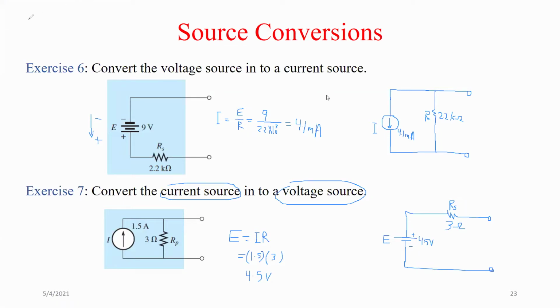Okay. This is the actual real voltage source. A voltage source is represented by the battery, or the voltage, and a resistor in series. This is a voltage source.